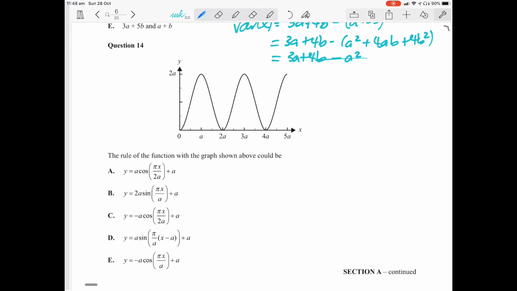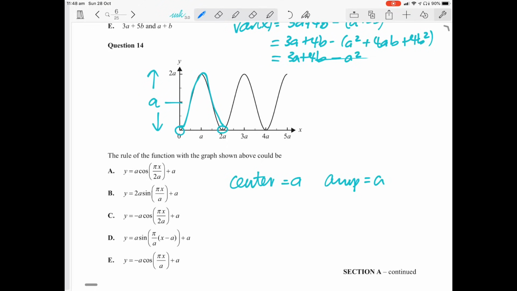Okay, the rule of the function of this graph, so it could be sine or cos. I'm going to go with cos, because that looks like a cos graph, and it starts at negative cos. My middle is at A. We go down A and up A. So my center is A. My amplitude is A, but it's negative.